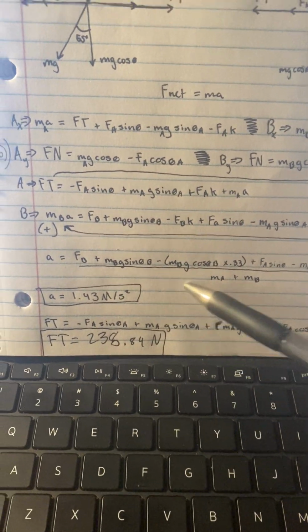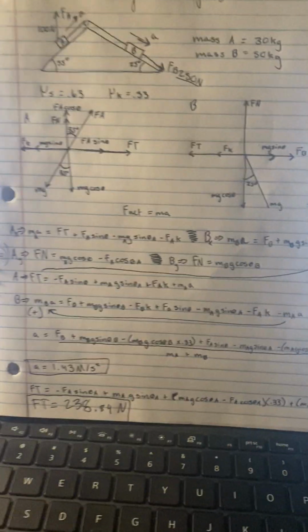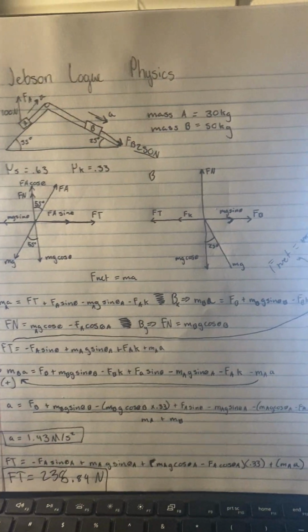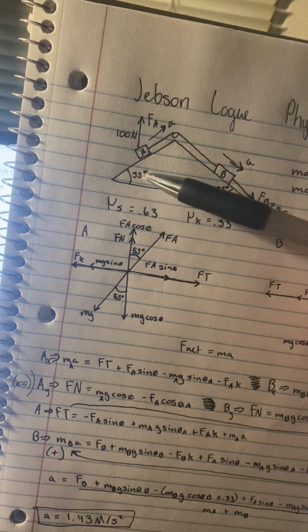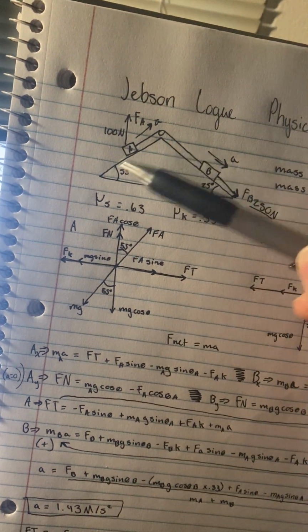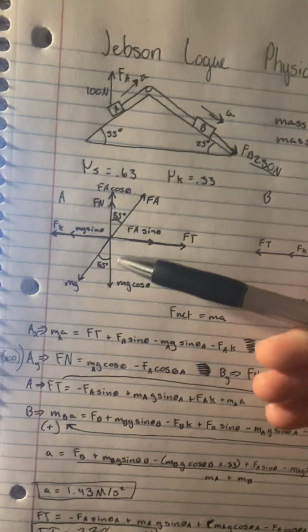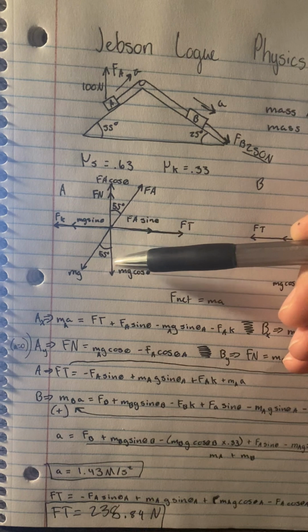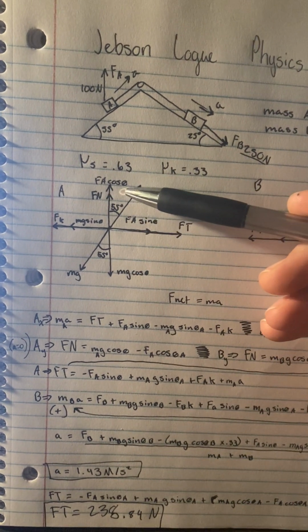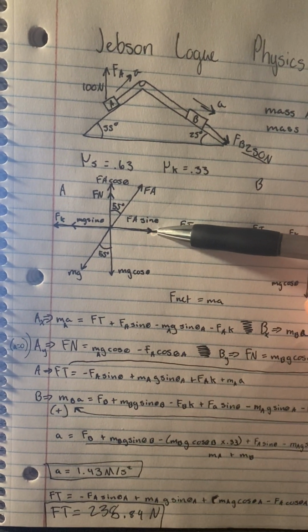238.84 newtons. What David did wrong in his problem was he did not account for F_A not being perpendicular to the inclined surface. So F_A is at a 55-degree angle instead of perpendicular, meaning you have to account for F_A cosine theta and F_A sine theta.